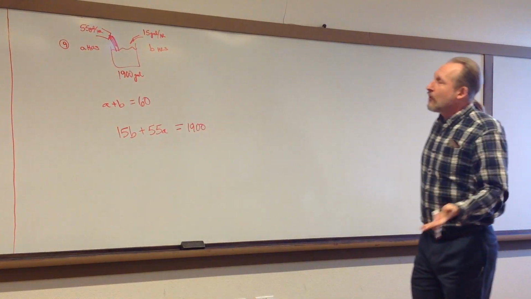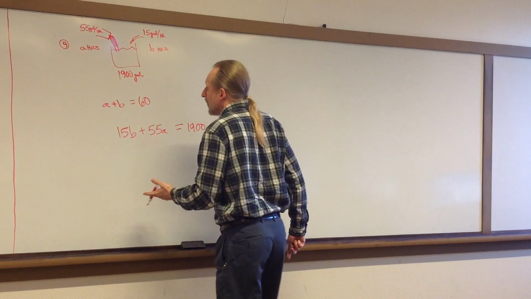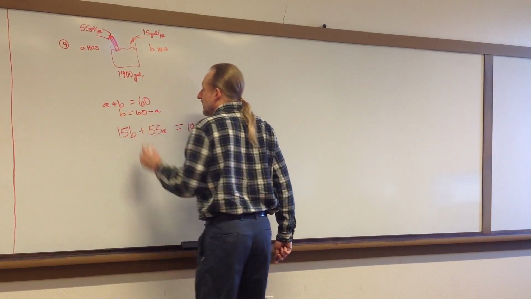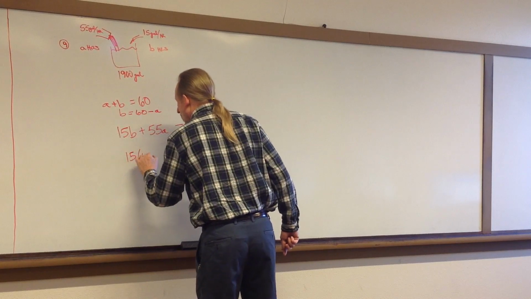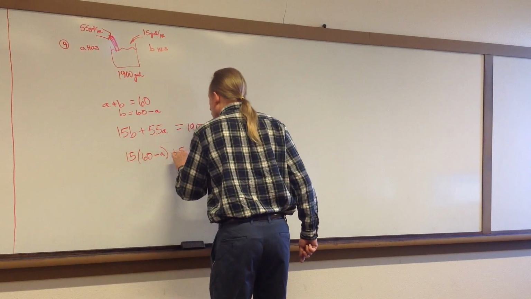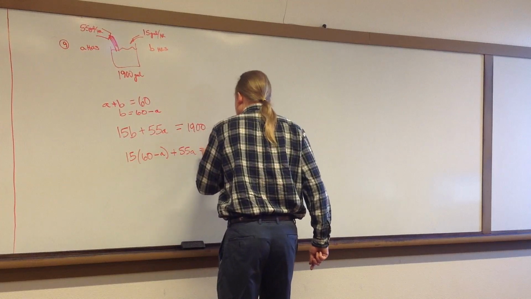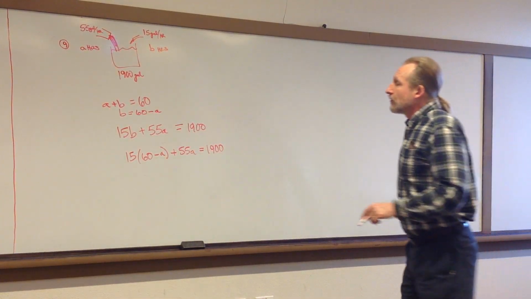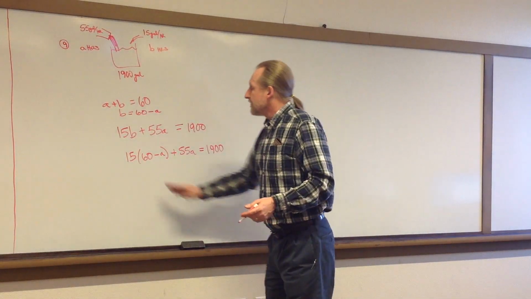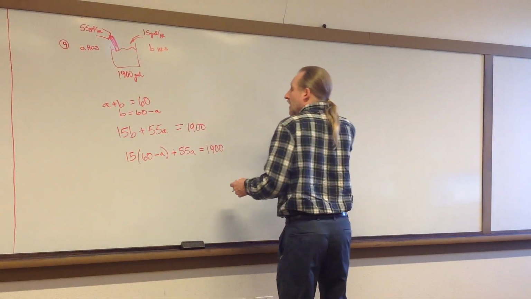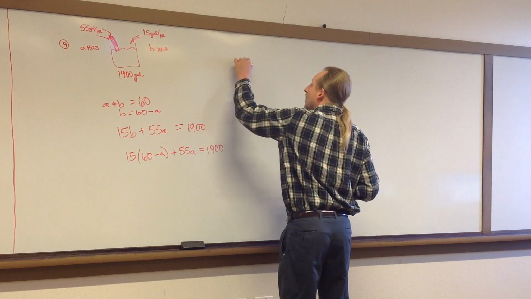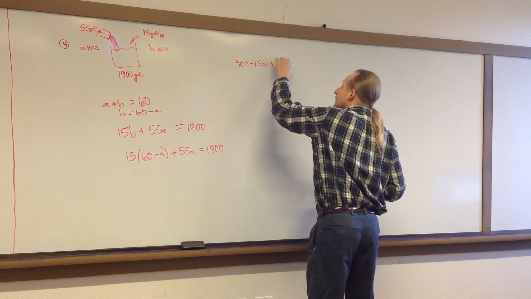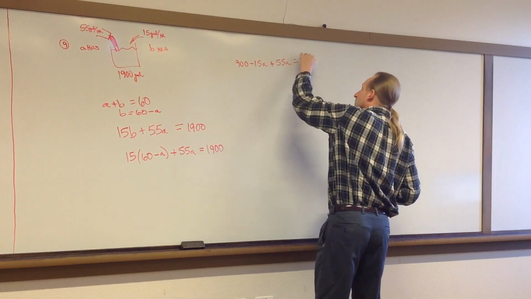So, again, what we want to do is substitute here. So, let's substitute in for B. B is going to be 60 minus A. And then we'll have the 55A and 1,900 gallons. Okay, so now we want to multiply here. 15 times 60 should be 900 minus 15A plus 55A is 1,900.